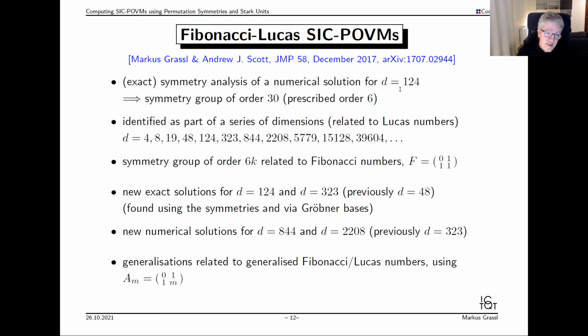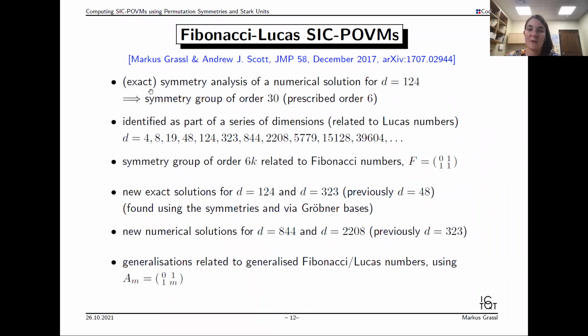I was at the same time working on symmetry analysis programs, and it turned out that his solution, despite having only prescribed symmetry of order 6, actually has a symmetry group of order 30. So we can have more symmetry, and using more symmetry cuts down the search space to some smaller dimensional space, and we have a better chance to get a solution.